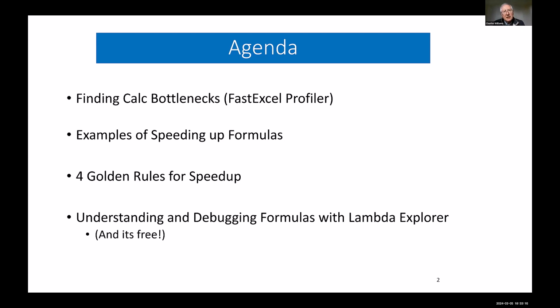The great thing about Excel is there's always millions of different ways of doing the same thing. And some of those are much faster than others. So it's important to be able to try things out and see what works well and what doesn't. Then when we've run through all that, we'll try and summarize with my 4 golden rules for speeding up Excel.